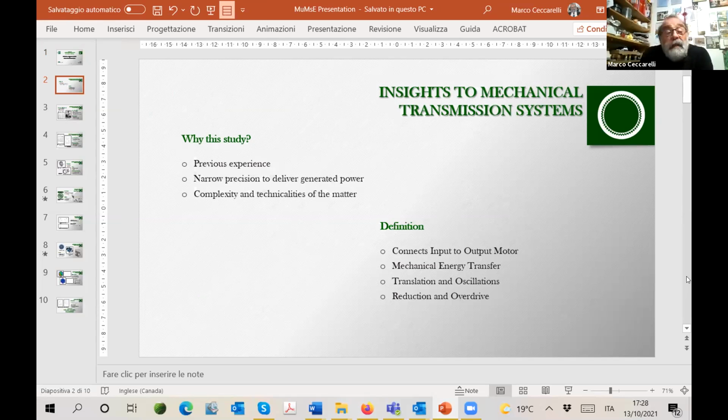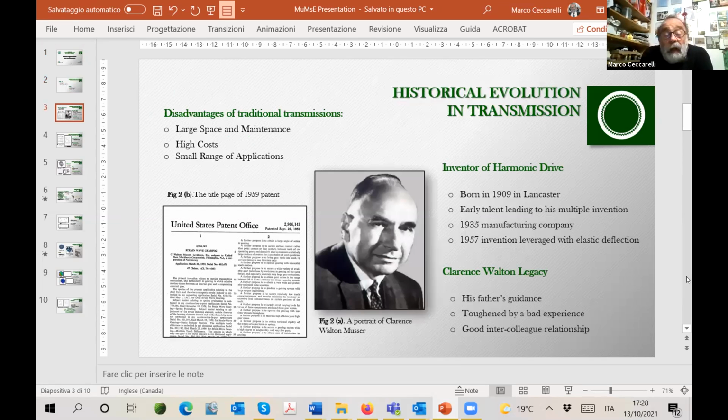The paper is centered on this US inventor who patented the design of the harmonic drive in 1957. But we also discovered, and this is mentioned in the paper, that in the same period there were some other similar studies in Russia.